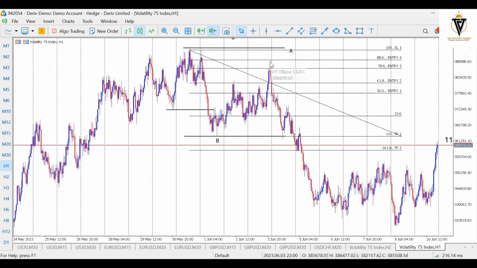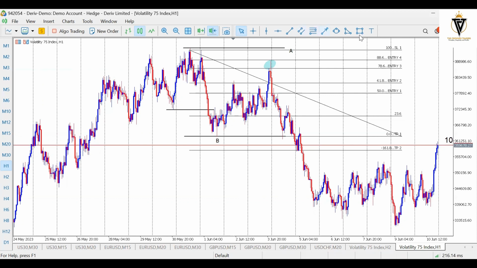So as you can see, our entry point this time around is tallied with 78.6, and it's close to the 88.6 level. Most people call 78.6 and 88.6 level premium price. It depends on what you call it, but the most important thing is to show you how to properly use Fibonacci to mark out retracement and possible continuation patterns.